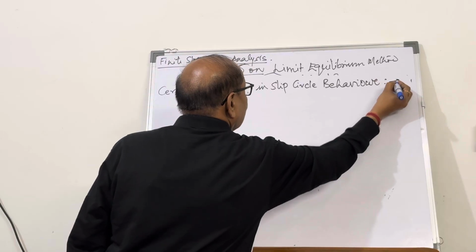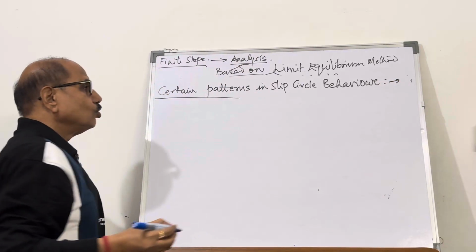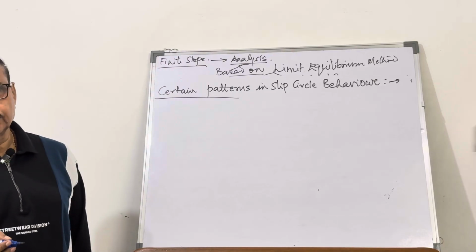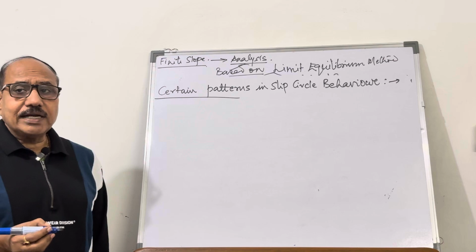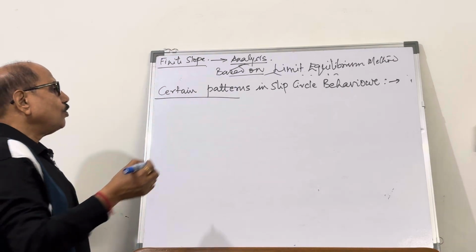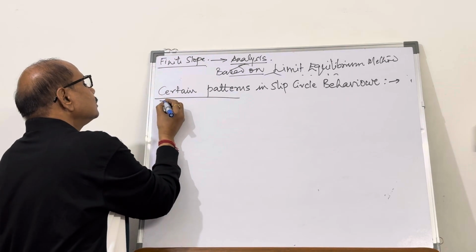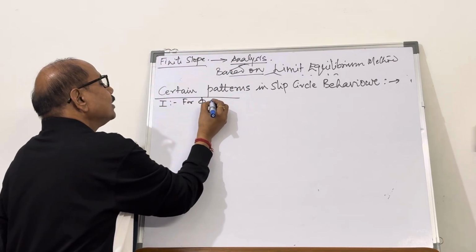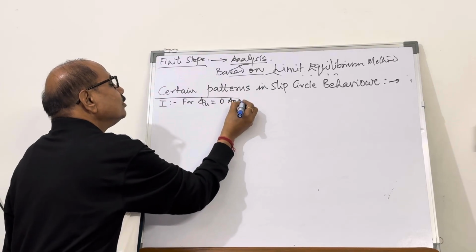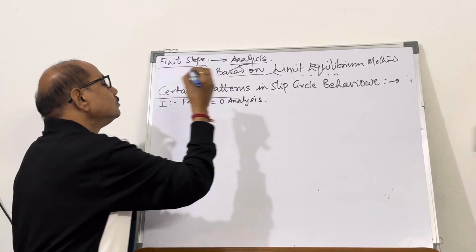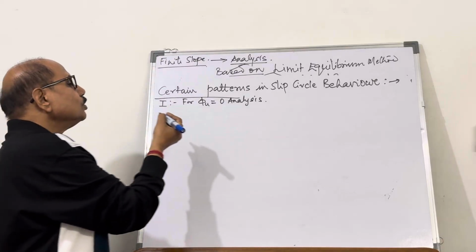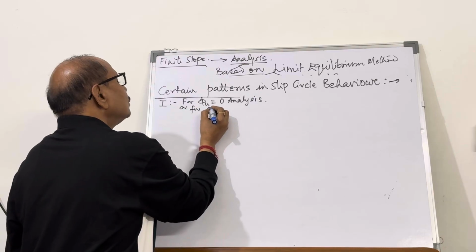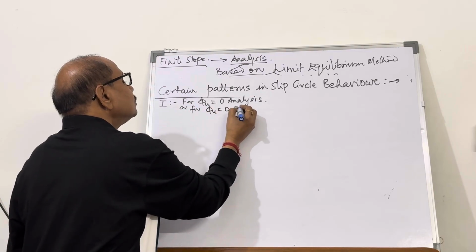Which would help you in locating the critical slip circle in a finite slope. So, certain patterns are for phi equal to 0 analysis in homogeneous soil, or phi equal to 0 soil, you can say it, or for phi equal to 0 soil mass.